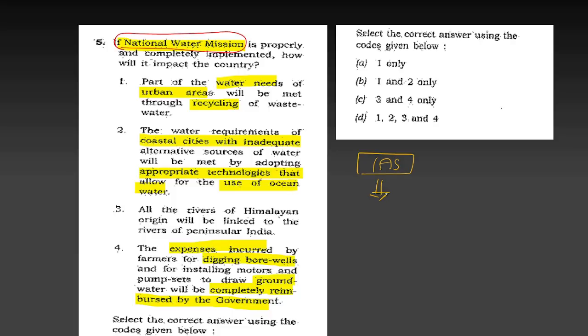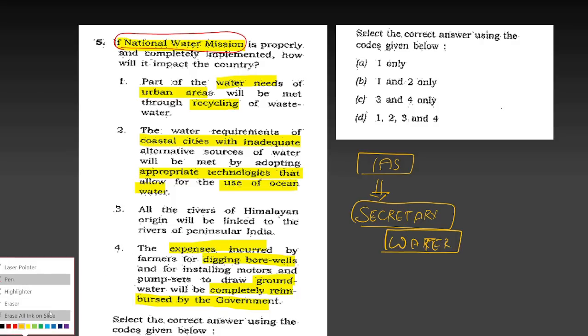In the preliminary examination hall, you have to think like a secretary, for example, the highest form, the Secretary of Water Resources. Because we are talking about the water mission, you have to think that you are the Secretary of the Water Resources Ministry, and then start reading the answer.